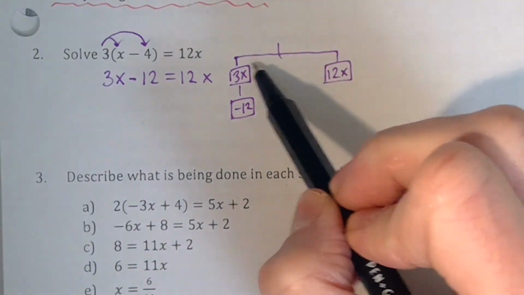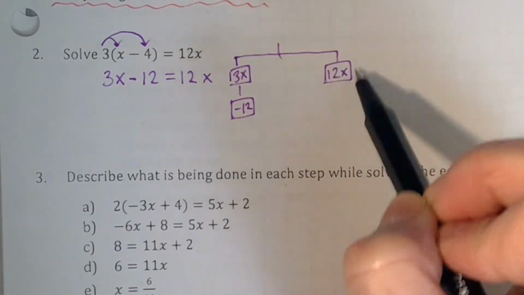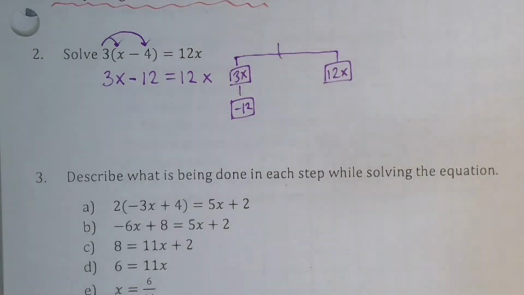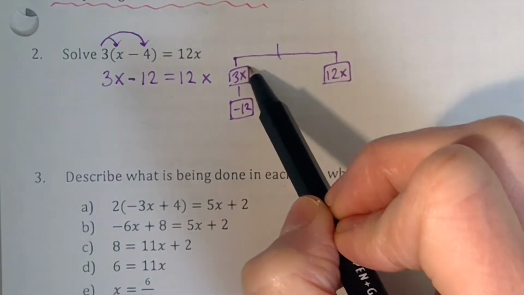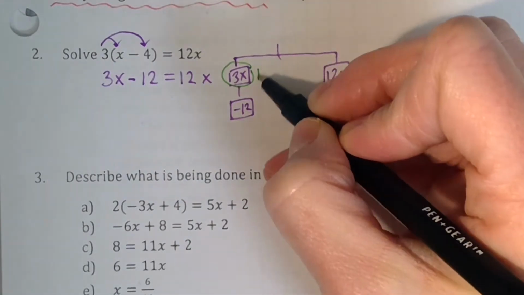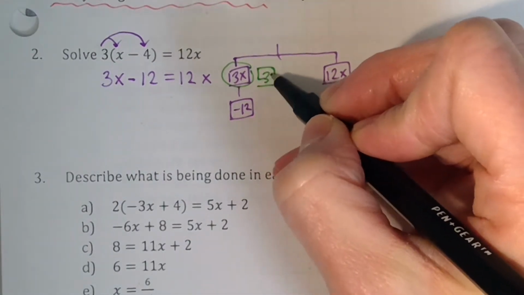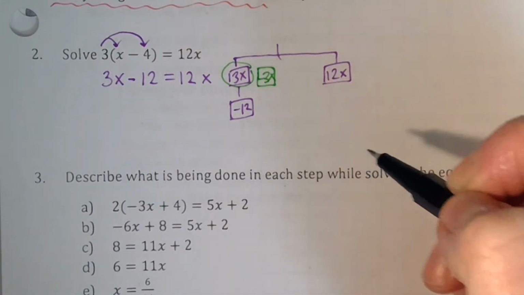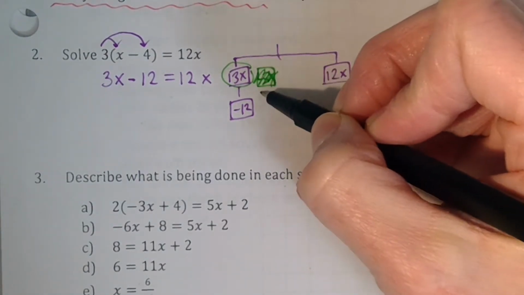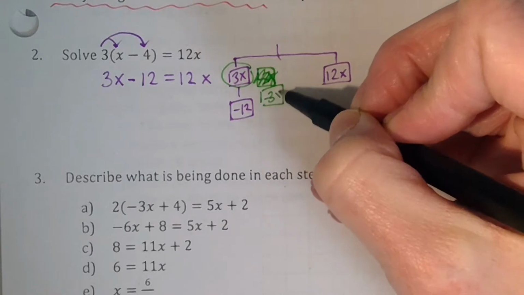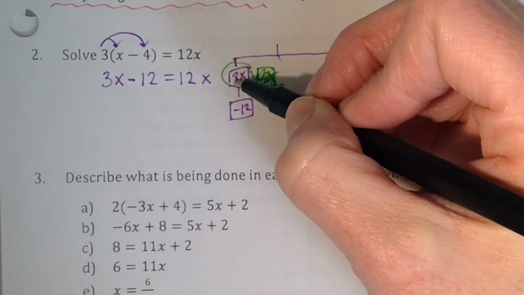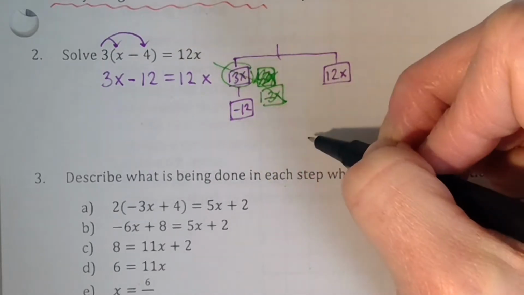I already have 12 x's on the right-hand side, so maybe it would be good to take these 3 x's and remove them from the left side. So I'm going to take negative 3 x's on the left side, because if I have 3 positives and 3 negatives, they'll cancel.